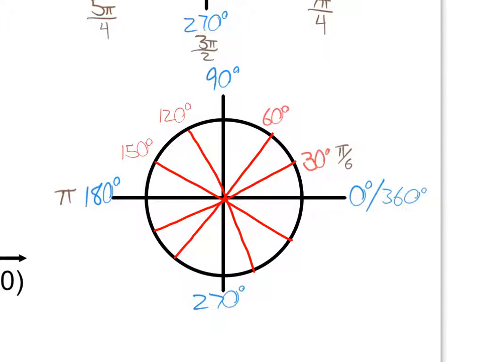Then 180. Then 210. 240. Okay, 270, then 300. Then 330. And then I'm back up to 360. Okay?